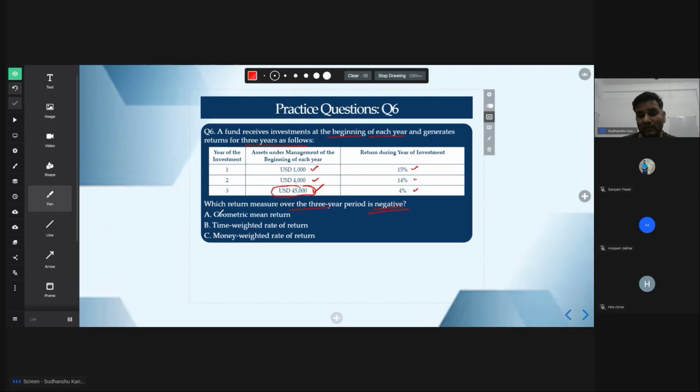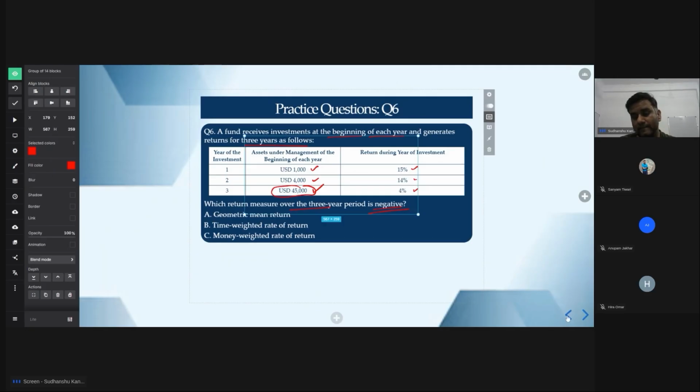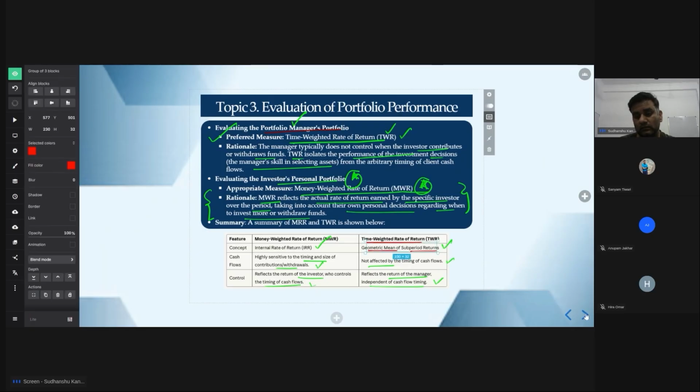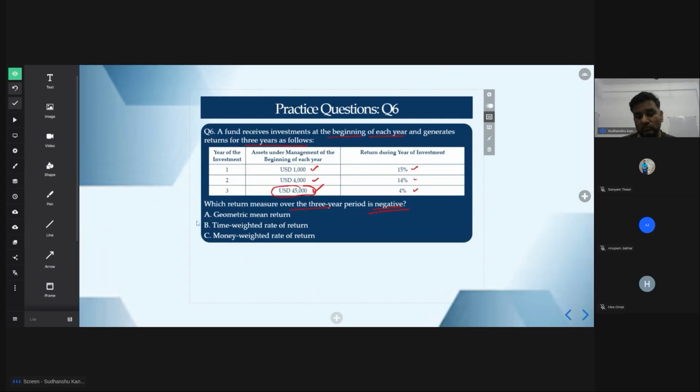See, geometric, we just studied. If you go to the previous slide, we just studied that geometric and TWR are almost the same, right? This is the geometric mean of subperiod returns and it is TWR. So what you get from both of them is that these two, A and B, will be similar in nature, because both are geometric only.